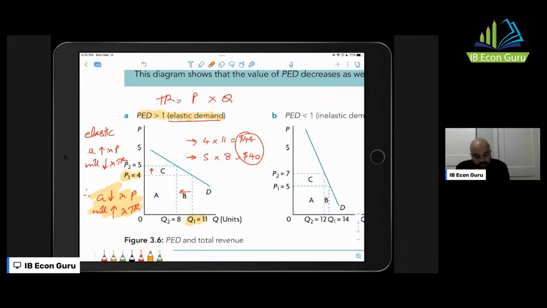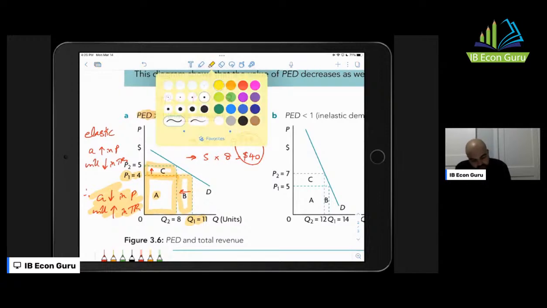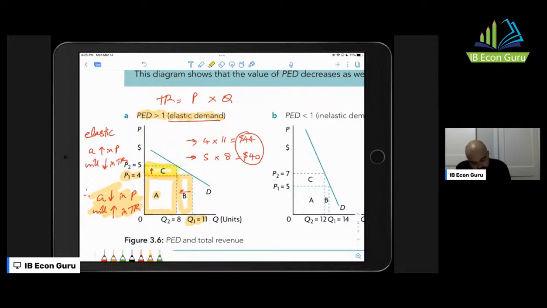Why? Look here. We have box A, which is here, box B, which is this, and box C. Box C, maybe I should use a different color, is the increase in total revenue as a result of the increase in price. It's the gain in total revenue due to the increase in price.